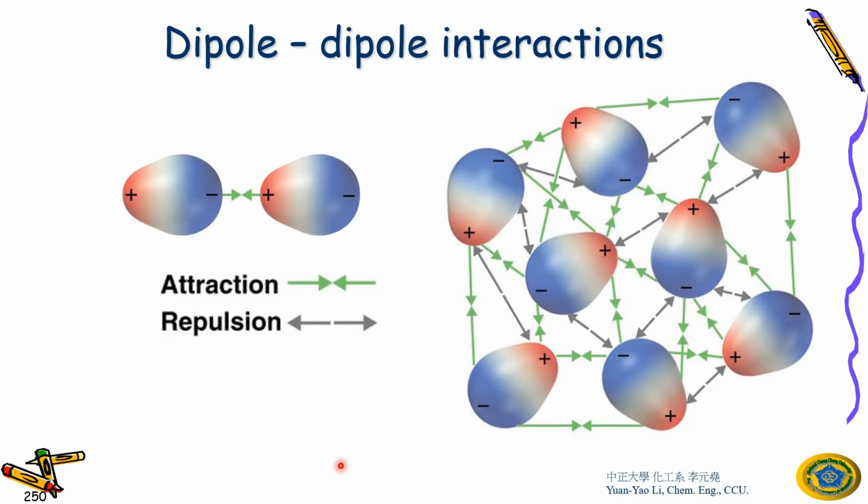Okay? So for dipole-dipole interaction, of course you understand there is some attraction and some repulsion. So we are talking about this energy against the thermal energy, right? When this energy is greater, the molecules will get closer.